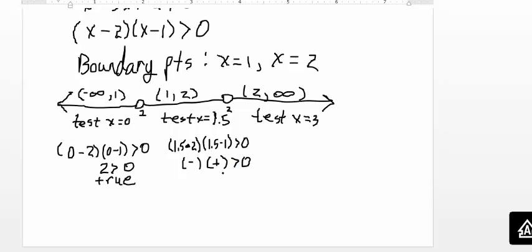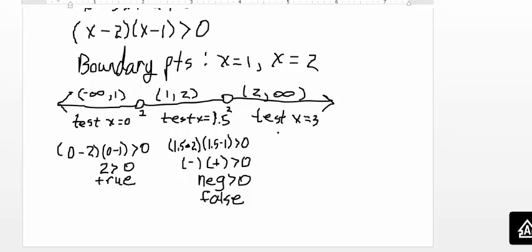So we have a negative times a positive. All we care about is the sign of this, and this is negative. So a negative times a positive is negative. A negative greater than 0 is a false statement. So all the numbers between 1 and 2 make the inequality false.